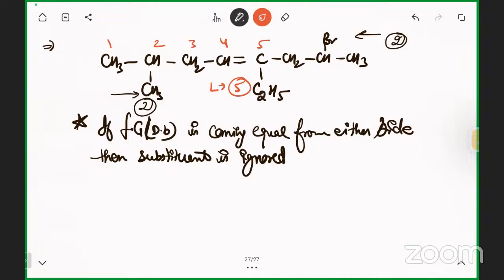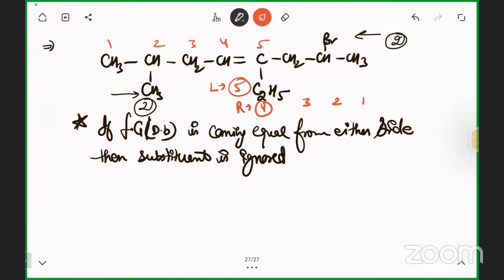But if I do it from the right side, 1, 2, 3, 4, now it is coming on the fourth position. So I will opt for the case in which the substituent is coming nearer. Clear what I want to convey to you? In this condition, Br and CH3 both are coming on the second position.